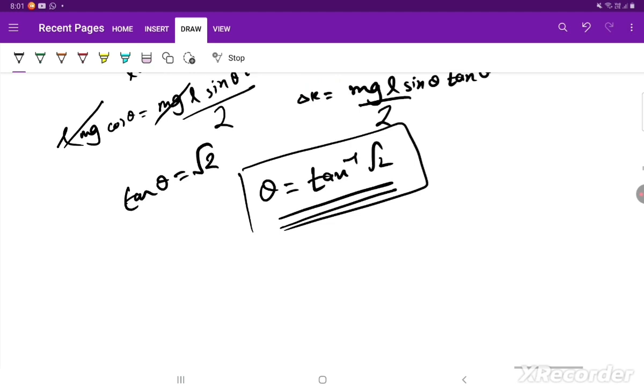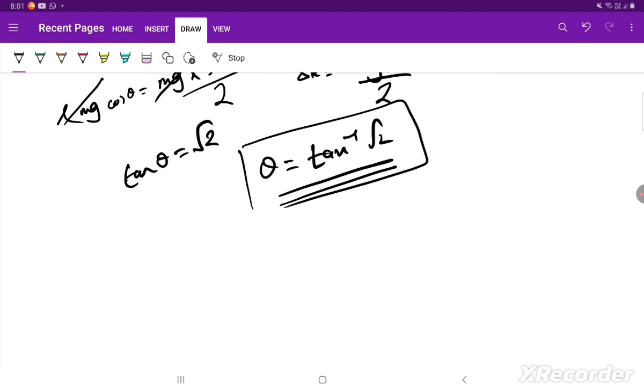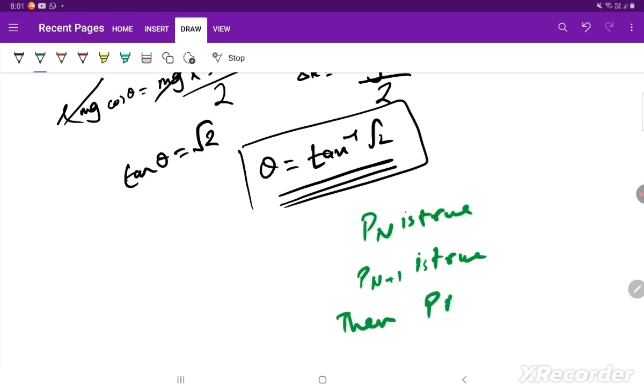What this principle says is that if Pn is true and Pn plus 1 is true, then P is true. This is what happens in case of mathematical induction.